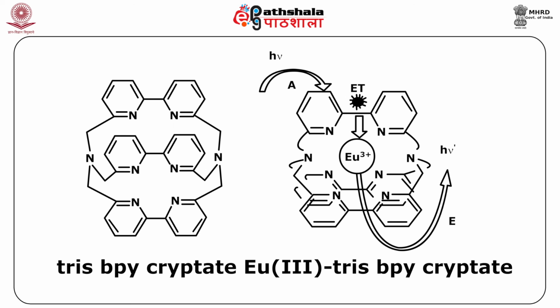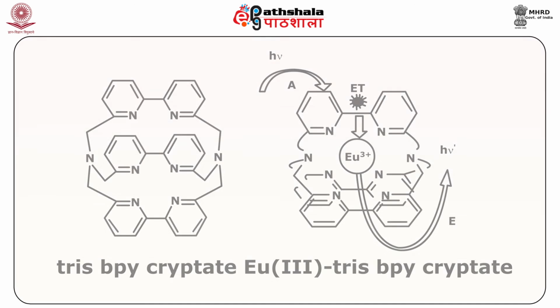The europium-3+ and terbium-3+ complexes display a bright luminescence in aqueous solutions, whereas the free ions do not emit anything under the same conditions. Now you can see this figure where it is actually showing you the AETE process with the europium-3+ tris bipyridine cryptate complex.